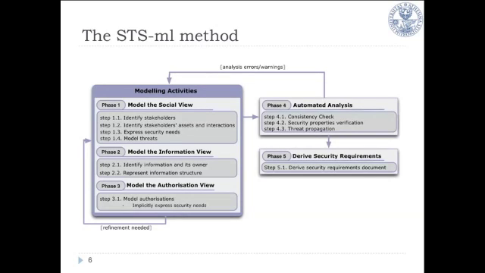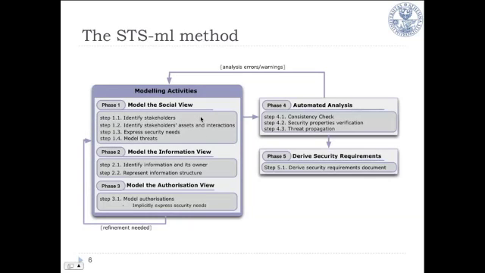Okay, let's go into more detail so that you get a more concrete look at how the language operates. This is an outline of the method on how you can model different scenarios or systems with this language. It involves 5 main phases in which we model the different views. So in the first phase, we model the social view. And this consists of 4 main steps.